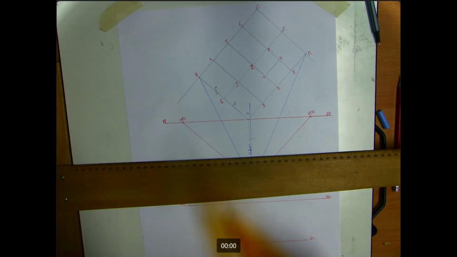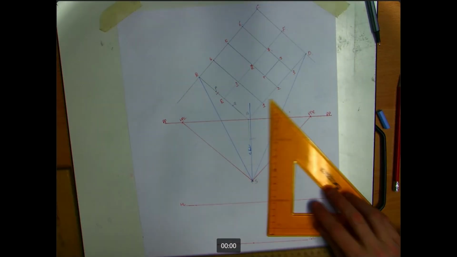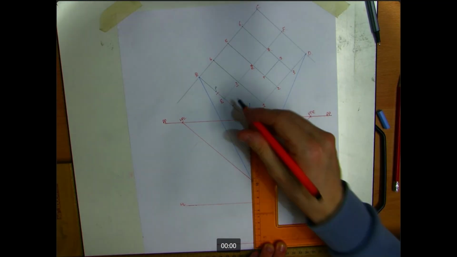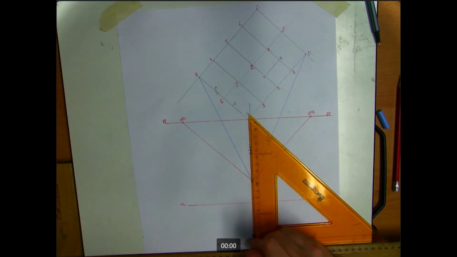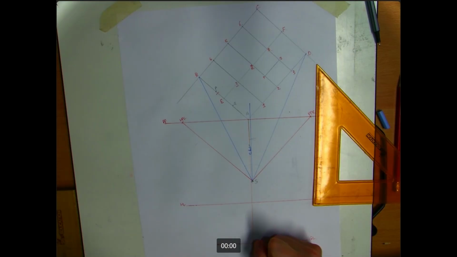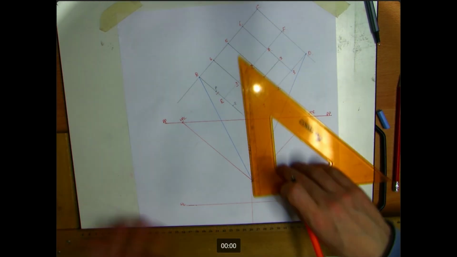Okay, so now that's like so. I can take corner A and bring corner A down vertically to create my reference height line, and any heights of the building I can apply to this.